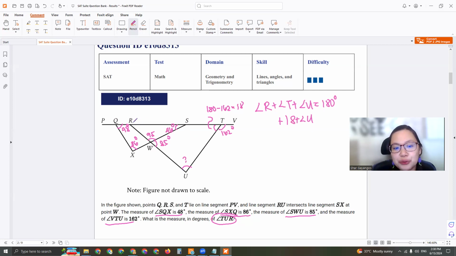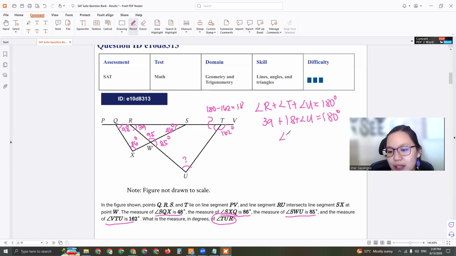And now let's focus on triangle SRW. That gives us 180 minus 95 minus 46, 39. Okay, and that tells us that R is 39.